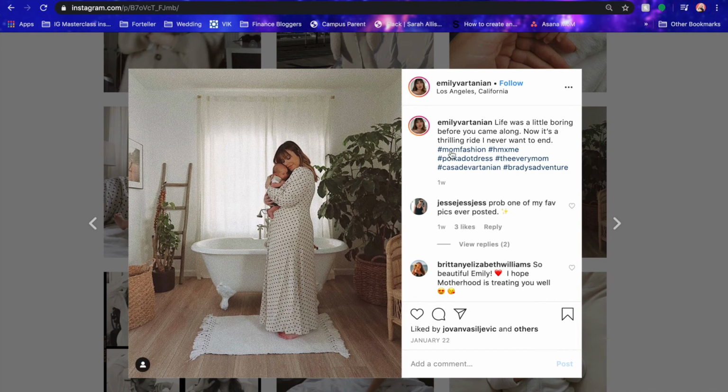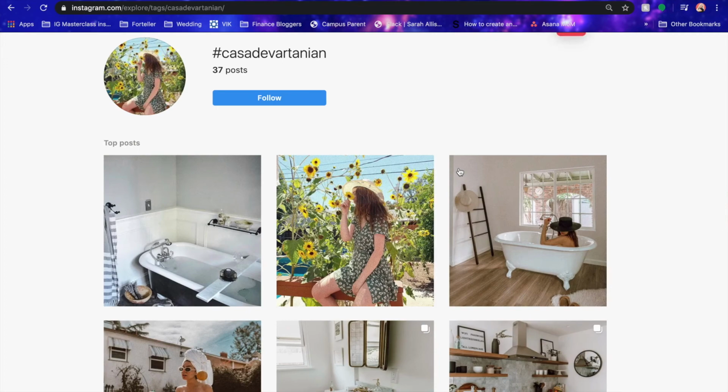And again, utilize hashtags that are specific to the things you're talking about in your Instagram post. Creating new hashtags that are branded to your brand is a great way for people to continue to keep up with something specific to that hashtag.